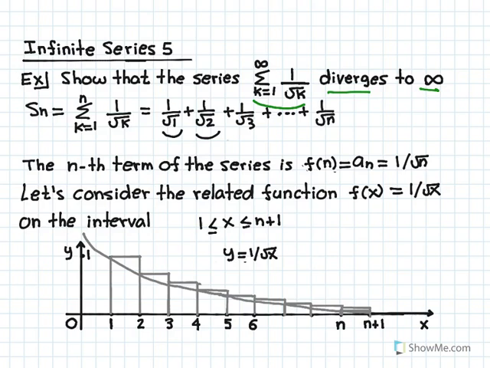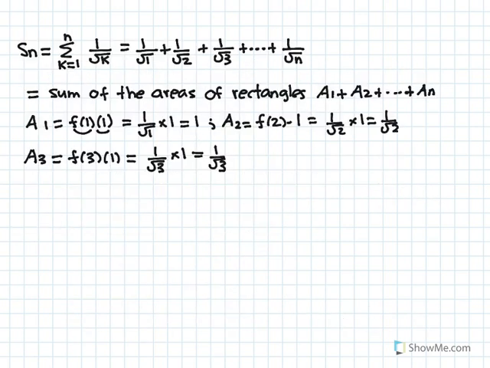So we computed A1, the area of the first rectangle, A2, the area of the second rectangle, A3, and so on. And now in general, AN, the area of the nth rectangle, is f of n, that's the height of the nth rectangle, times the width, and f of x is 1 over root x, so f of n is 1 over root n times 1, it just gives us 1 over root n.